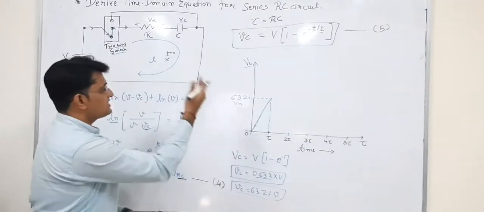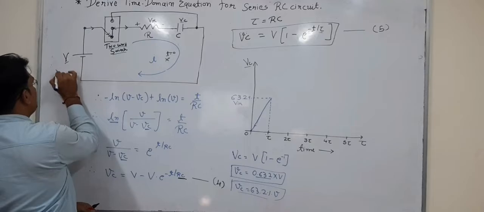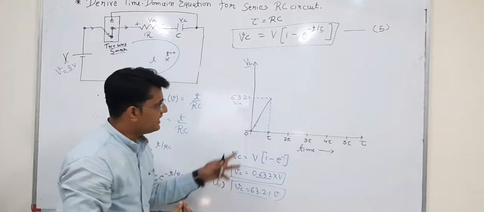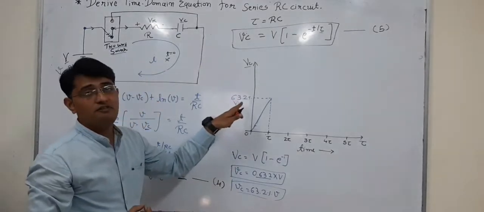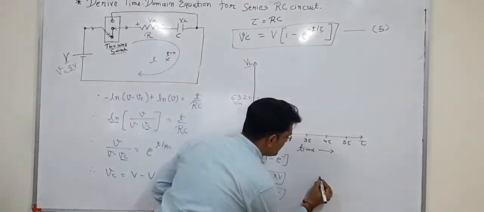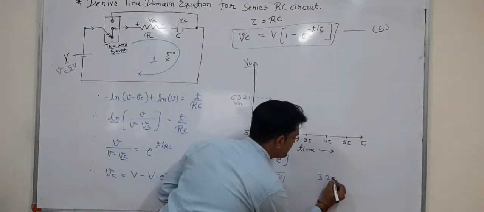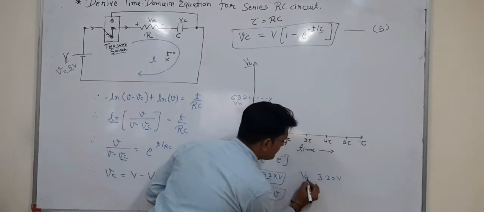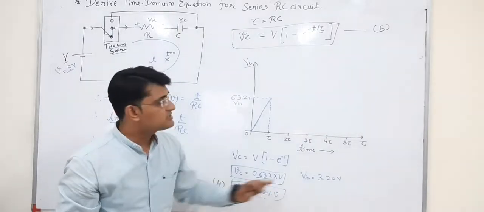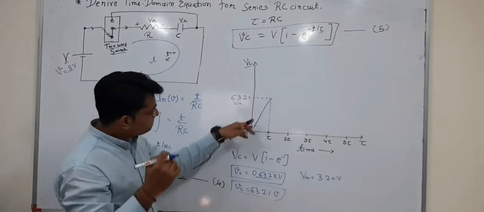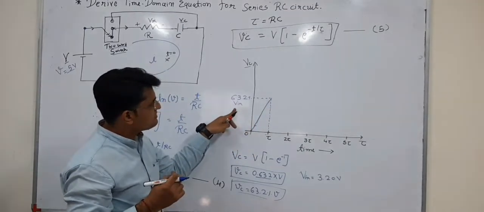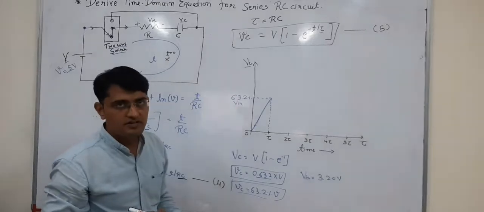For example, if I am taking voltage V is equals to 5 volt here, that means what will happen? 63.2% of the 5 volt, that means it will be near about 3.2 volt, right? So that is 63.2% of the V input.